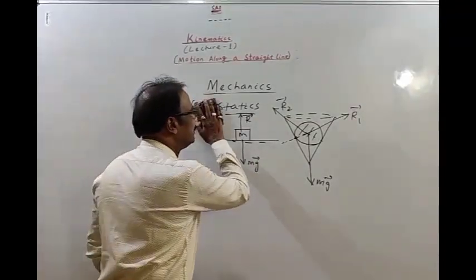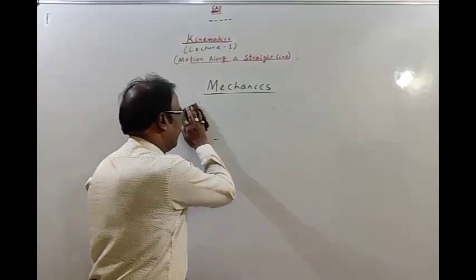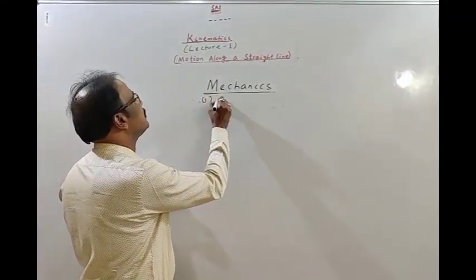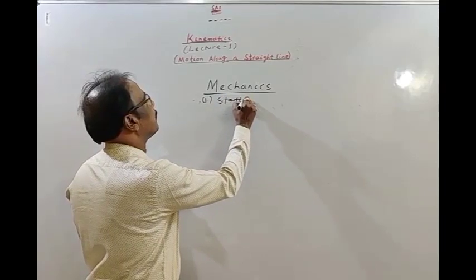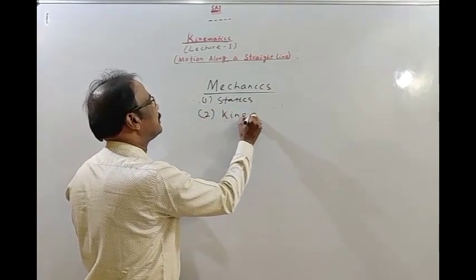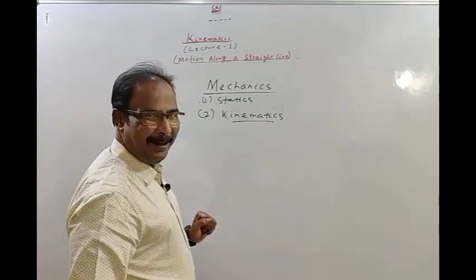Then the second branch, number 2. Mechanics has 3 branches. The first branch is statics, which we have discussed. Number 2, kinematics. What are we going to discuss?